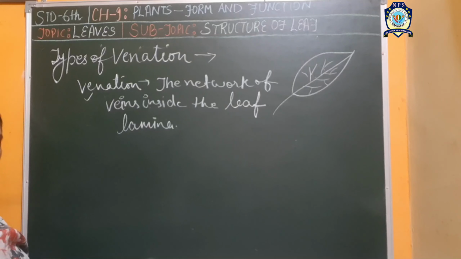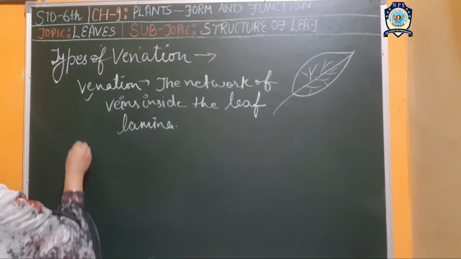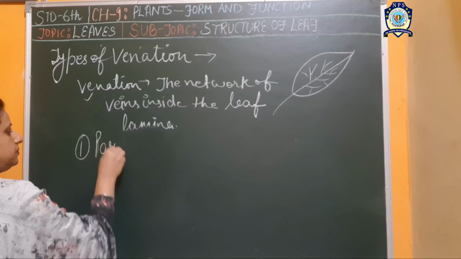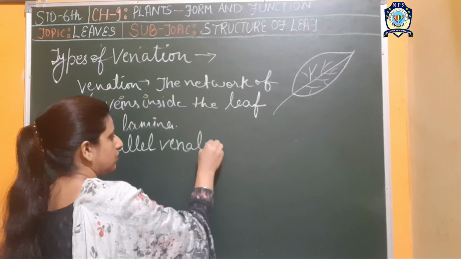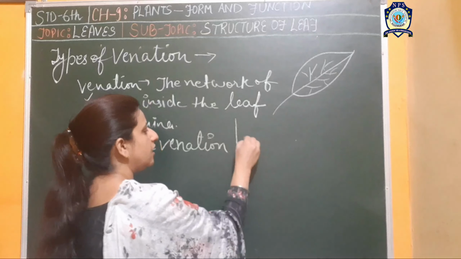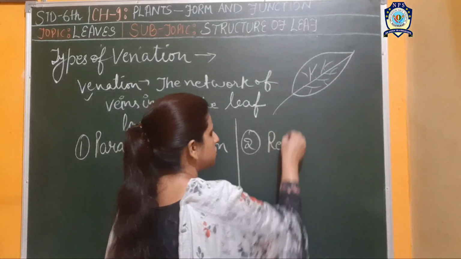Now two types of venation are present in leaves. First is parallel venation, and the second one is reticulate venation.